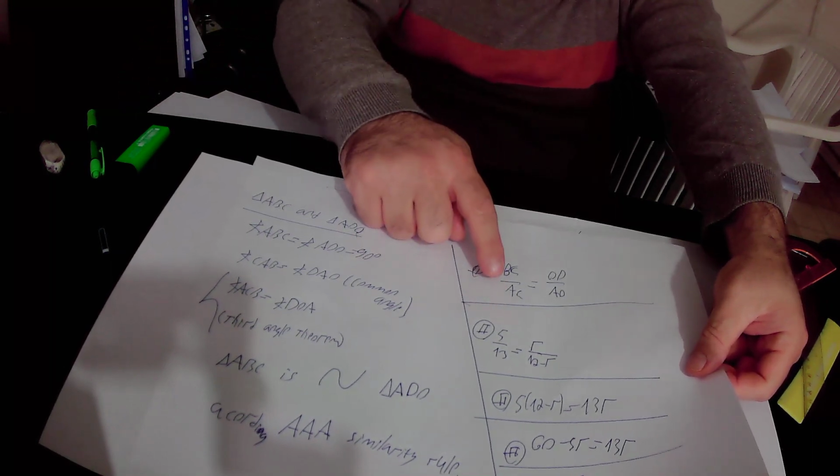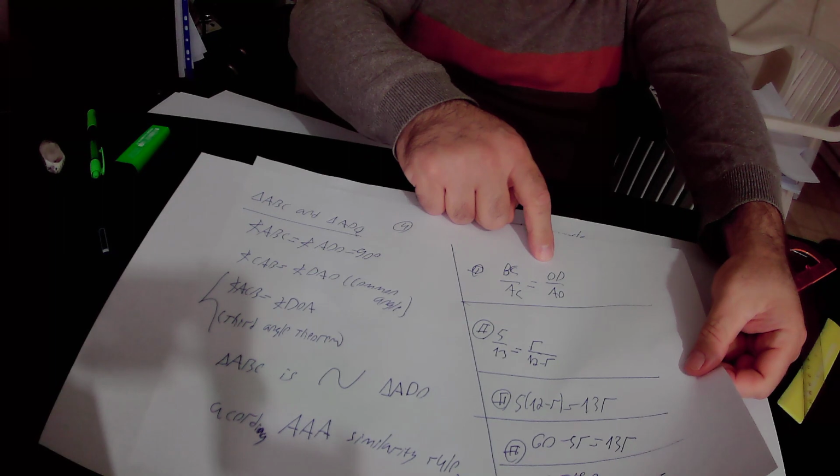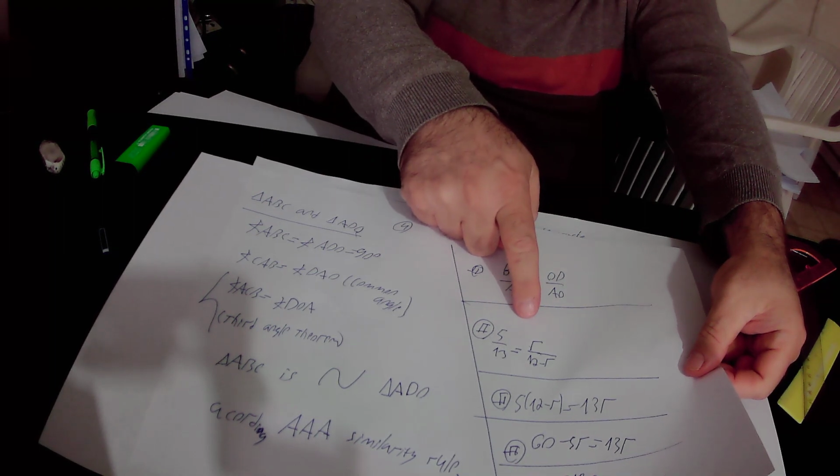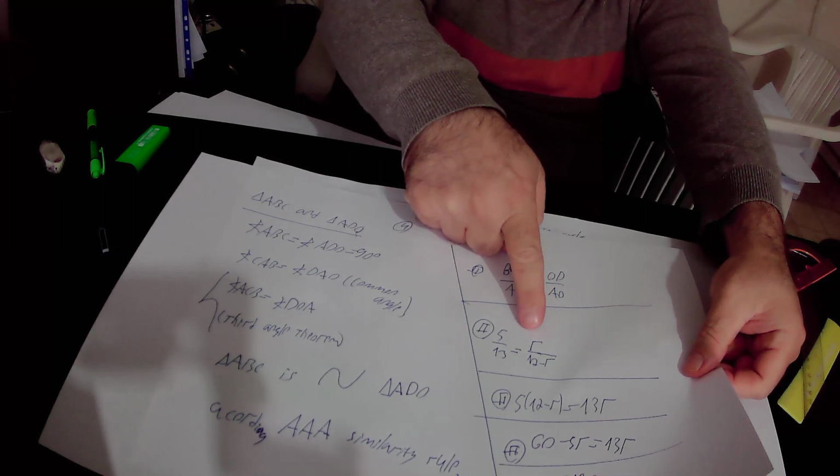BC equals 5 units, AC equals 13, DO or OD equals R, the radius of the semicircle, and AO equals 12 minus R.